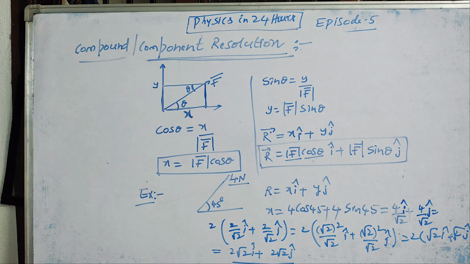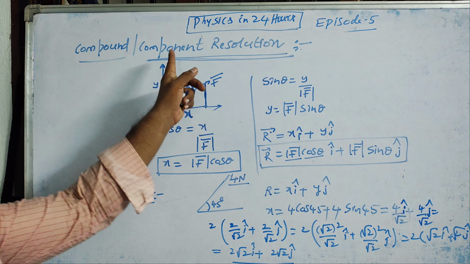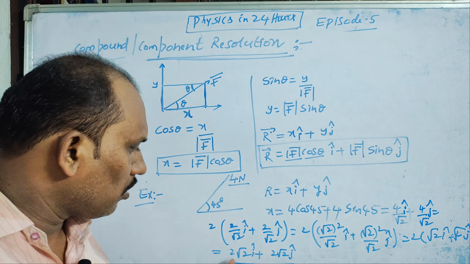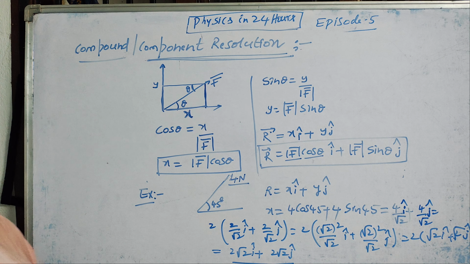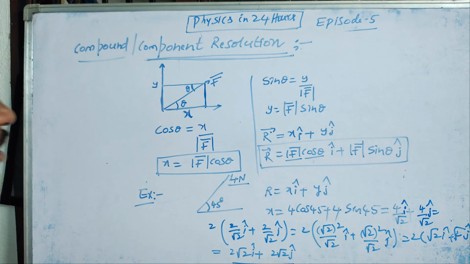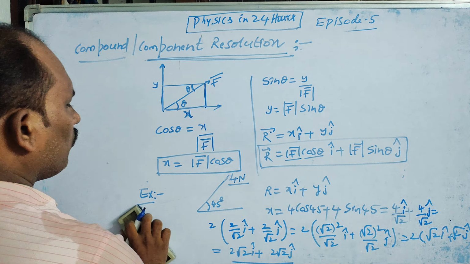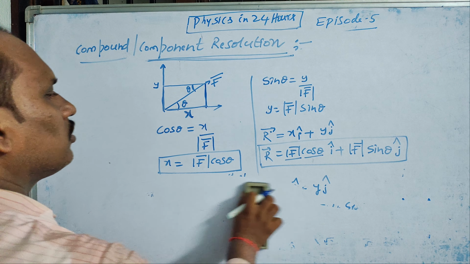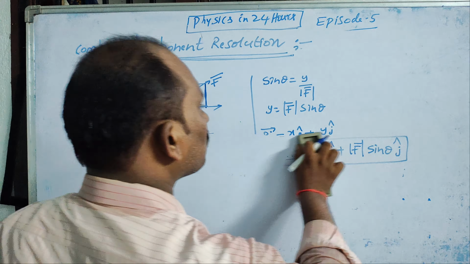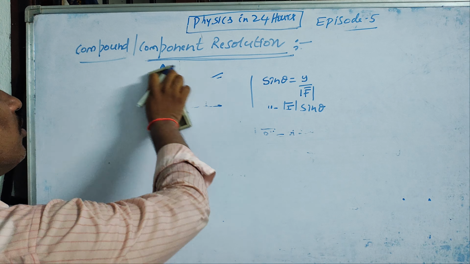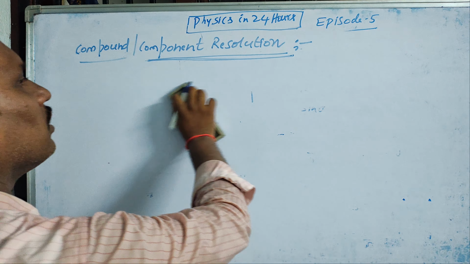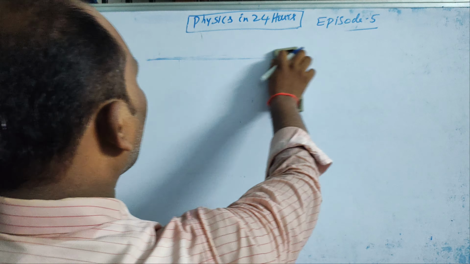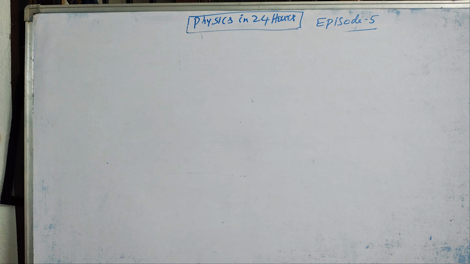This is very important generally when you work with component resolutions. So let's see many examples for evaluation of this process. So this is compound resolution of vector. This is the way we have to calculate compound resolution of vector.